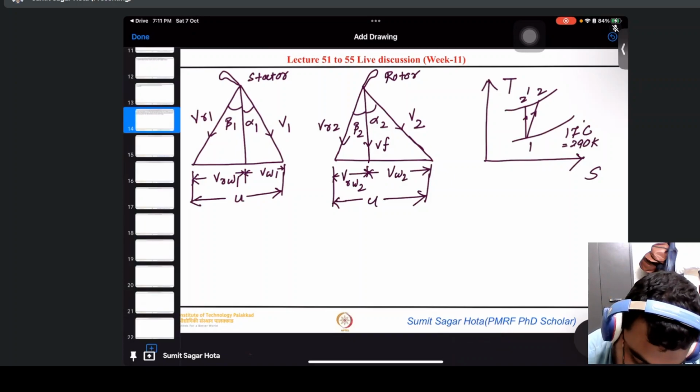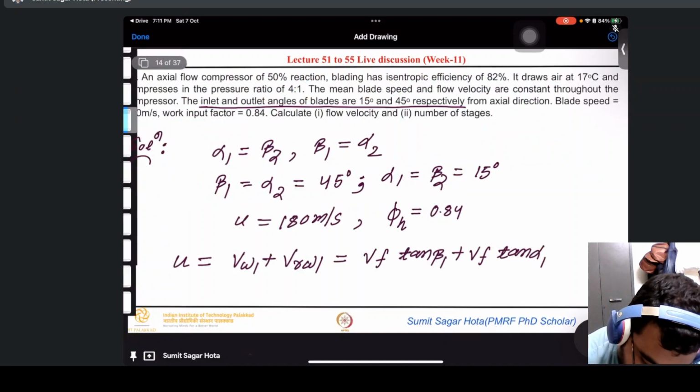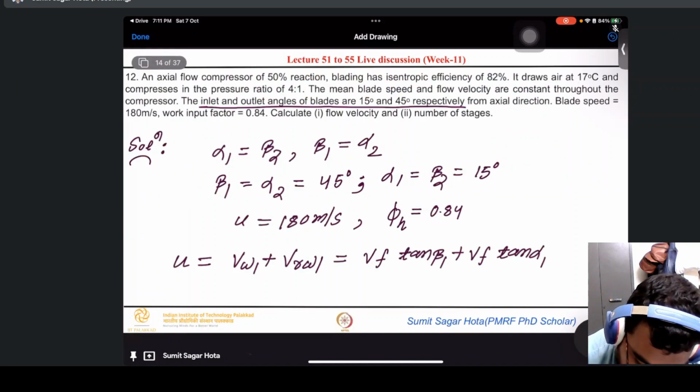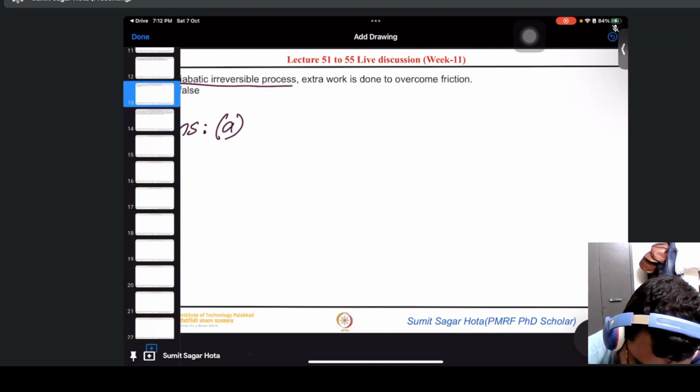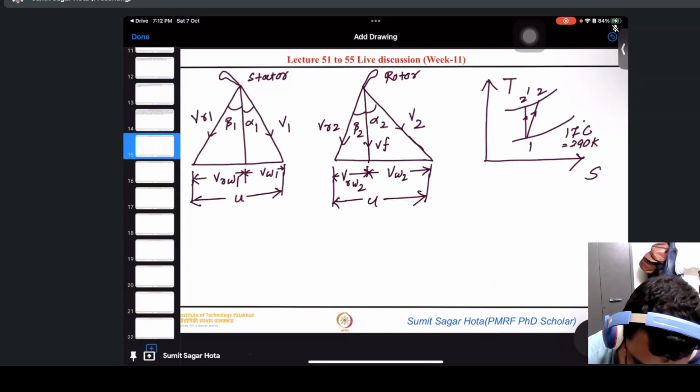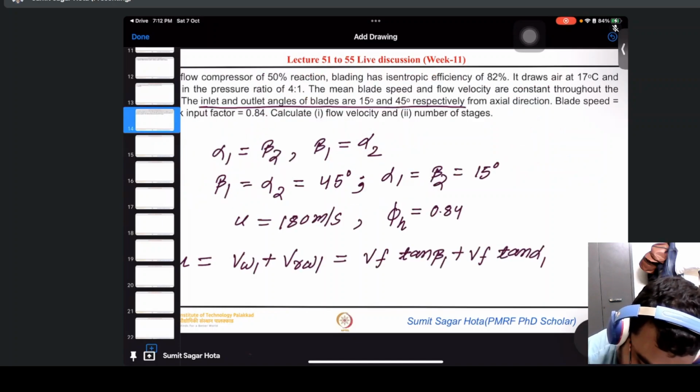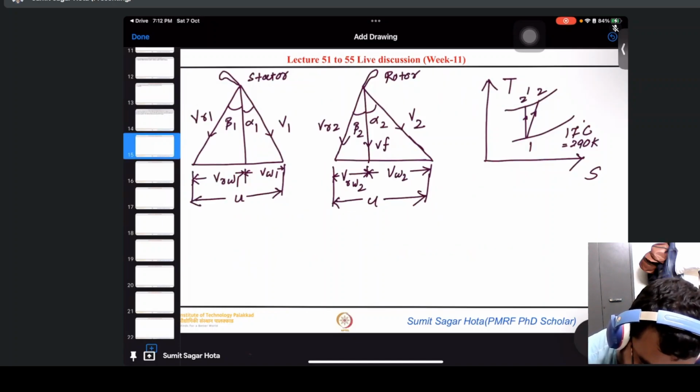Now what do we have here? We have VW1 plus VRW1. What is VW1 plus VRW1? You can see from the velocity triangle on the left side, it is equal to U. We just write down that same thing. If you see the left side triangle, you have to find tan beta 1.